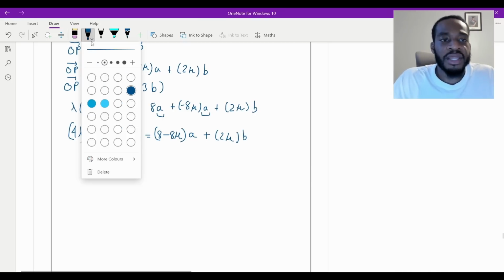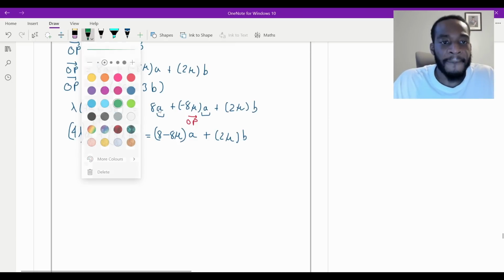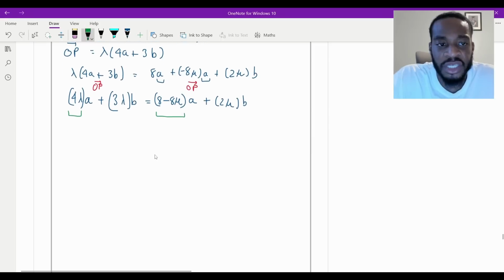Now remember, these are the same vector. This is O to P, and so is this one. So if these are the same vector, then surely this must mean that this multiple, which is multiplying A on this side, must be the same as the one on this side. And this is the technique called comparing coefficients. If any of you go on to do A-level maths, you will see this quite a lot.